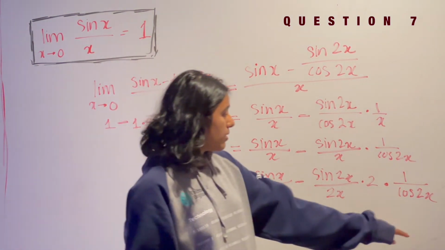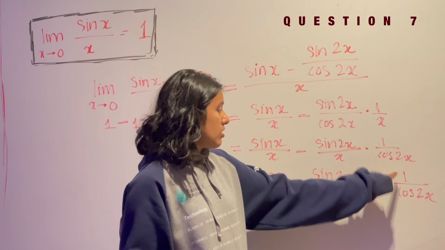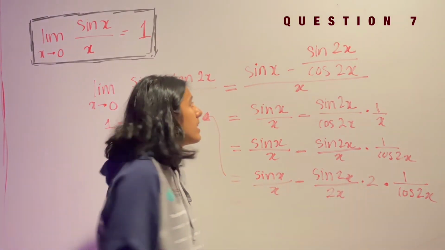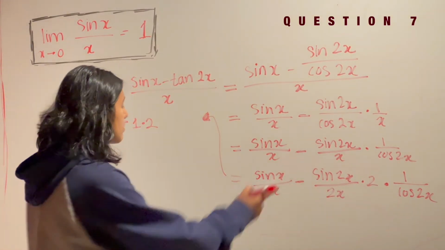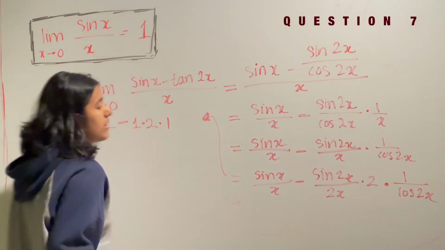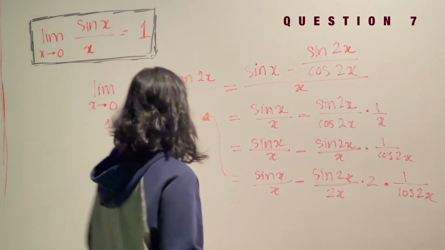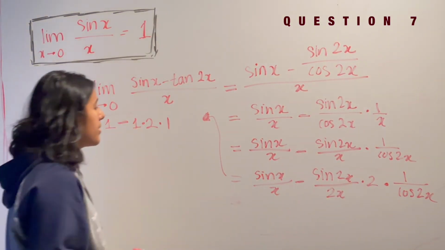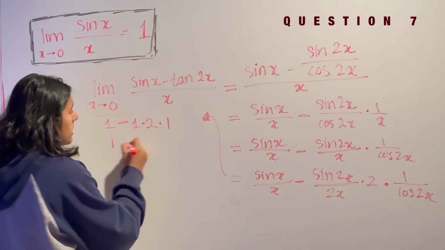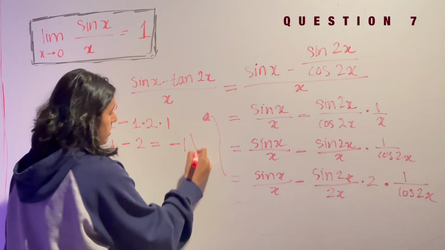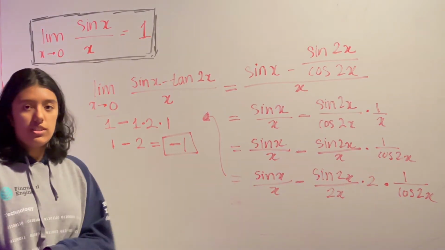And then the limit of this is 1 over cos of 0, and we know that cos of 0 is 1, so times 1. The reason I replace x with 0 is because x is tending to 0. And now we get 1 minus 2, which is equal to negative 1, which is our answer.